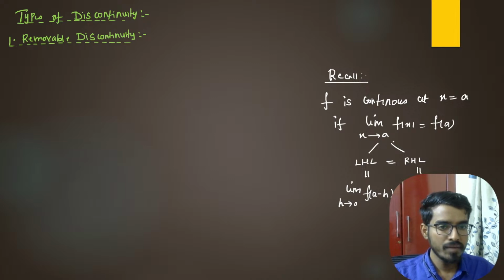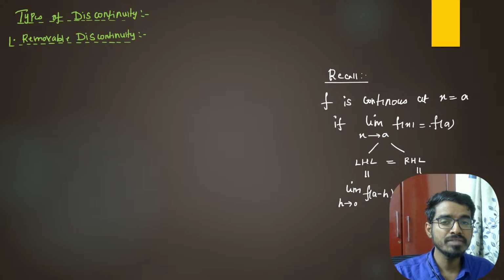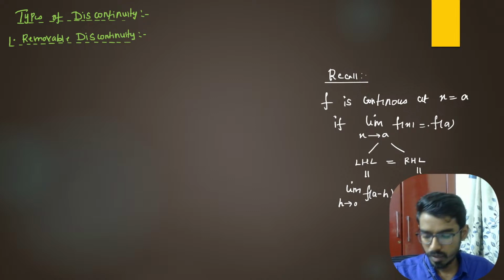The limiting value also exists. Limiting value exists means LHL and RHL both exist and are equal, but it is not equal to the function value at A. If this happens, we say it is a removable discontinuity.